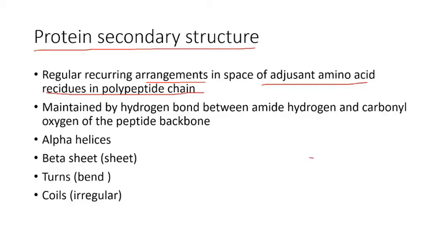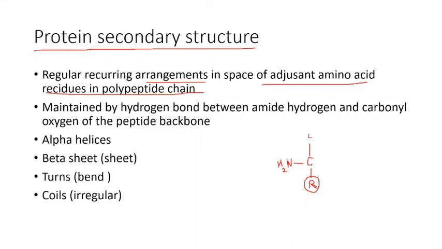You all know that the chiral carbon is in the center, right? Then there is the NH2, the amine terminal. Here there is an R group. Now what is the R group? It is the adjacent group which decides what that amino acid is.